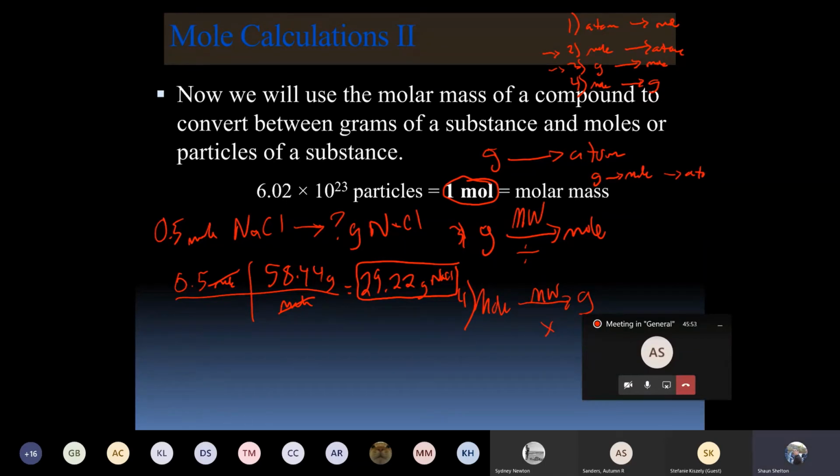So when you get to a problem like this, there are problems that have multiple steps. In this case, you have the first step, which is grams to moles, and then the second step is moles to atoms. So that's where these roadmaps come into play. They're going to help you with going from the starting point to the finish point.